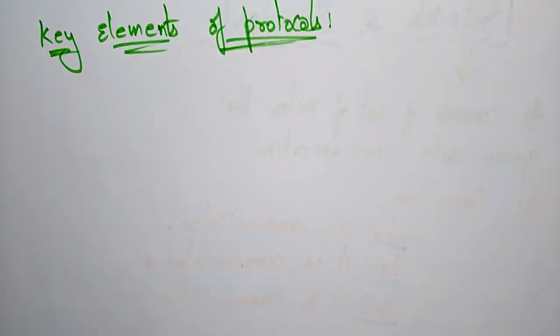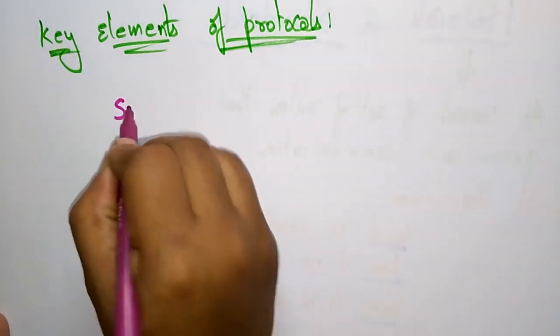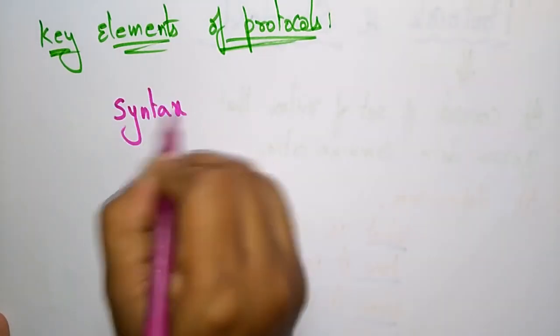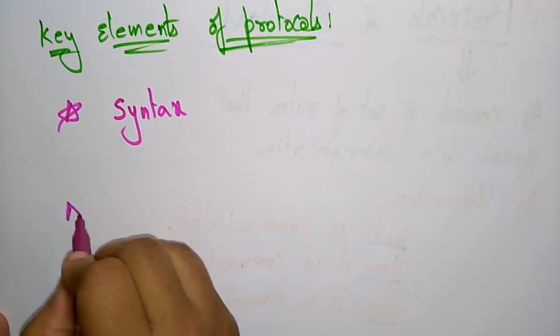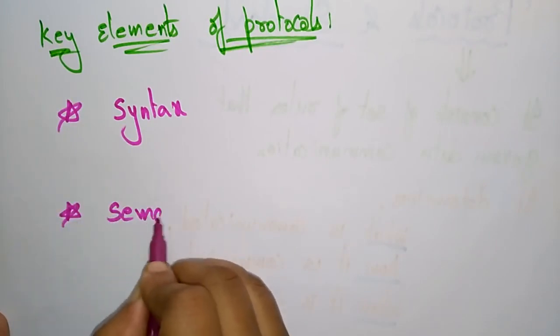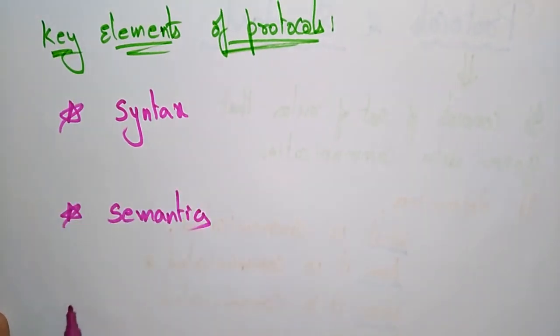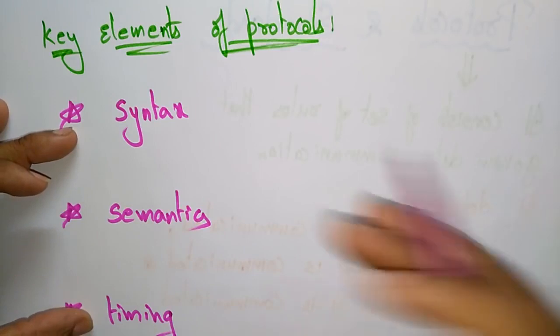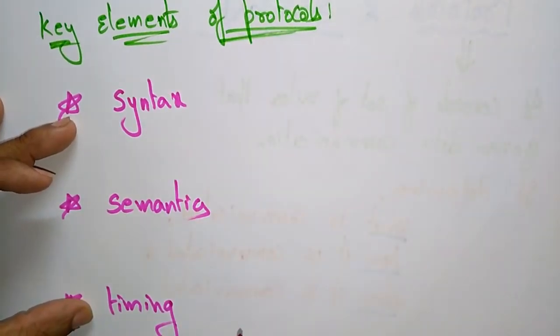The different key elements of protocols are: one is syntax, next semantics, and next timing. These are the main three elements involved in a protocol. If you are following a set of protocols, a protocol consists of these three key types: syntax, semantics, and timing.